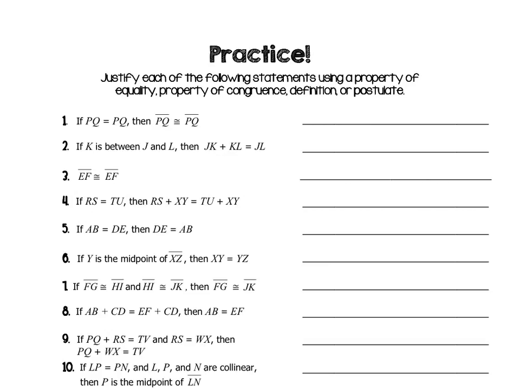Starting with number 1, if PQ equals PQ, then PQ is congruent to PQ. This statement can be justified using a definition of congruence.